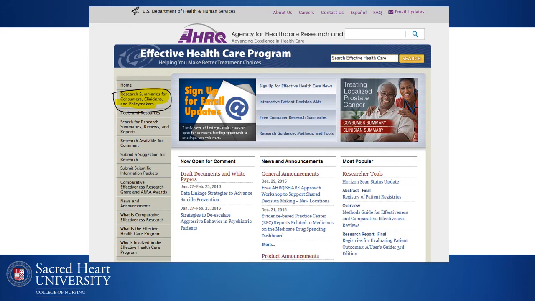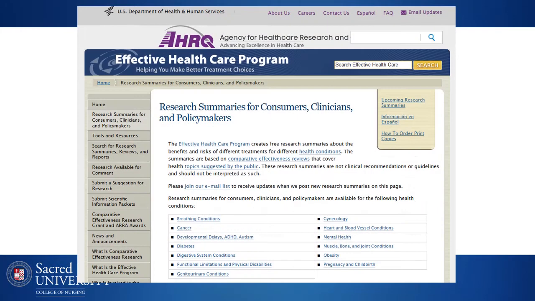On the left-hand side, click on the Research Summaries for Consumers, Clinicians, and Policymakers, highlighted and circled on your screen to the left. This will then bring you to all the research summaries for your viewing. Click on the topic condition you would like to view. This will help you in developing your own patient decision aid and other resource tools used for the shared decision-making project you will be implementing in your organization.